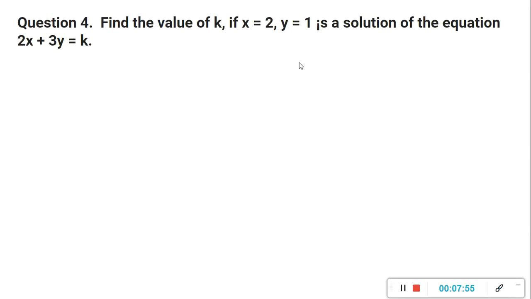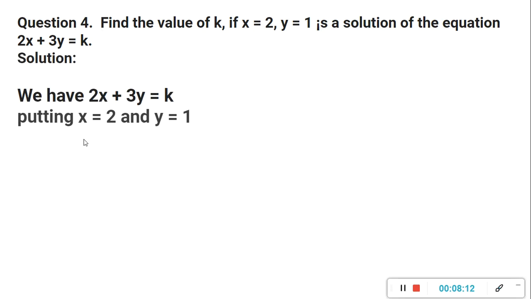Now question number 4. Find the value of k if x is equal to 2, y is equal to 1 is a solution of the equation 2x plus 3y is equal to k. Let's see. Here we have 2x plus 3y is equal to k, right? That is our equation. So we can put the values there, x is 2 and y is 1.